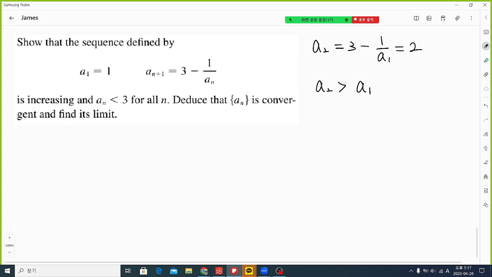And let's assume that the kth term is less than the k plus 1 term. Let's say this way: the kth term is greater than the k minus 1 term. We are assuming this.